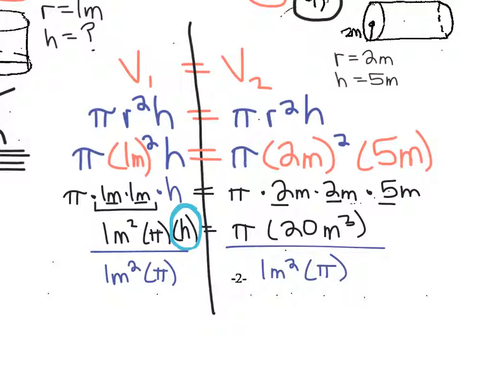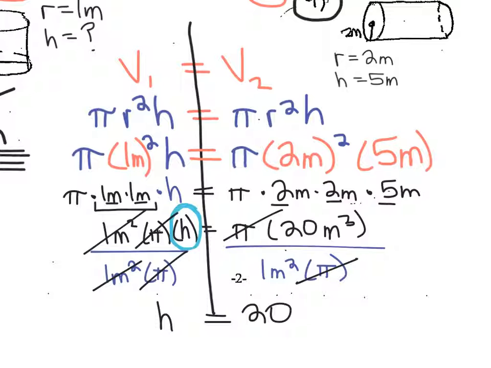And then we can just cancel things out. So on the left, meter squared divided by itself is 1. Pi divided by pi is 1, and we're left with h, which is the height, which is what we need. On the right side, pi divided by pi is 1. And we have 20 on top.